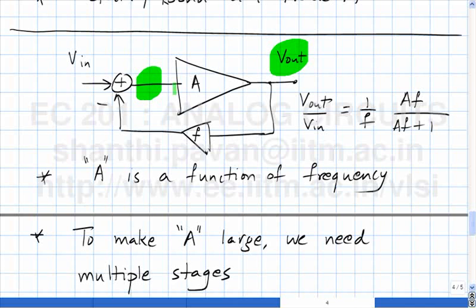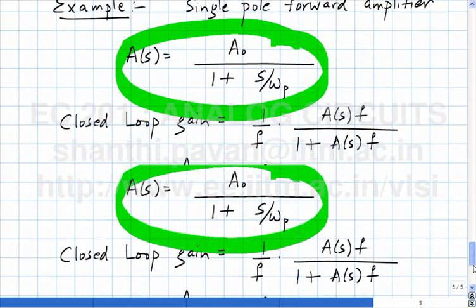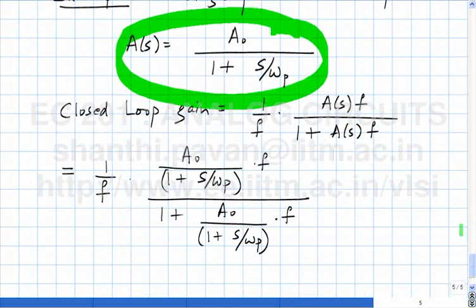As the frequency becomes larger and larger, the forward amplifier gain tends to 0, so whatever you feed in at the input is of no use because the amplifier is completely dead. So you should expect that as frequency increases, the closed loop gain will also fall with frequency.